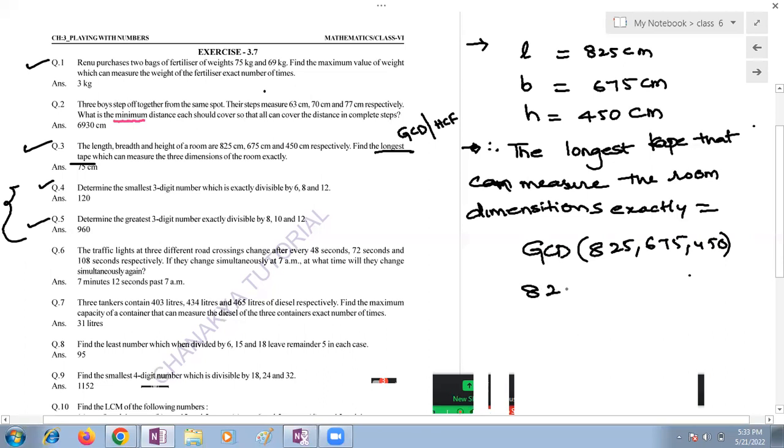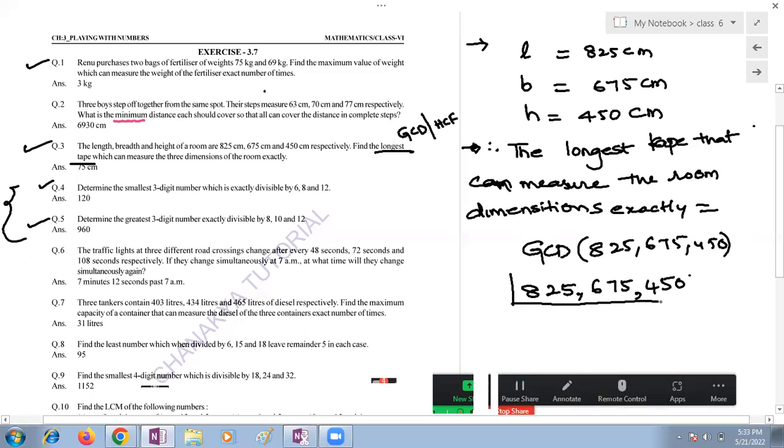Ma'am, can I tell the procedure? Riyansh will tell. Riyansh is not speaking at all. So Riyansh, by looking at all these numbers, which table are they exactly divisible by?